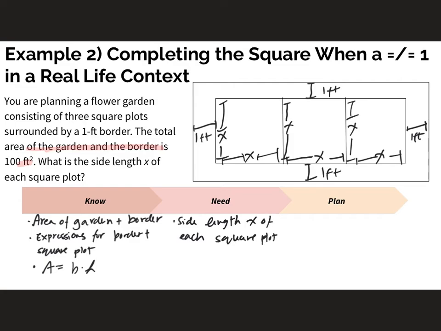My plan of attack is that I don't know what my x is, but I do know what the total area is, and I have the dimensions of my square plots and my border.